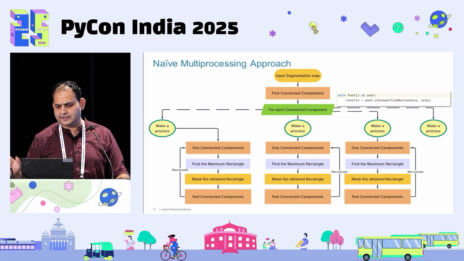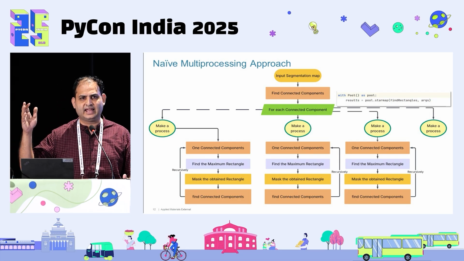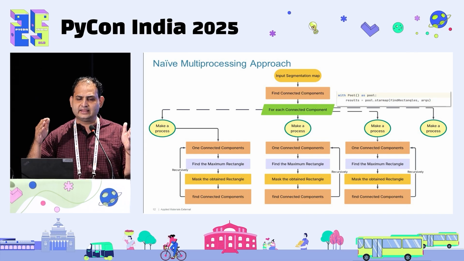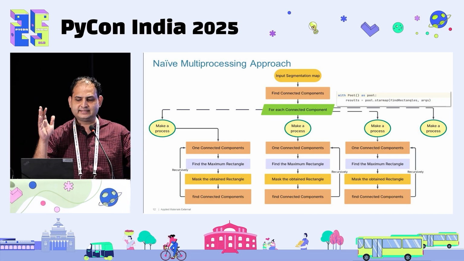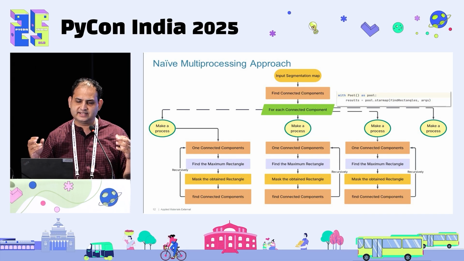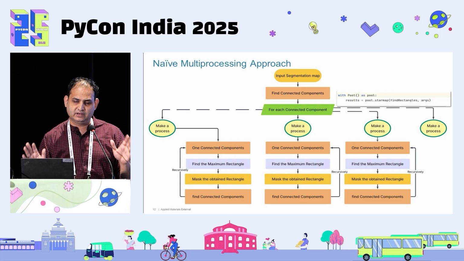How can we do this in Python? We have a good multiprocessing library. We can import it, have a process pool, and use process pool starmap. I can say, find my maximum rectangles, and give it the arguments. It will work.